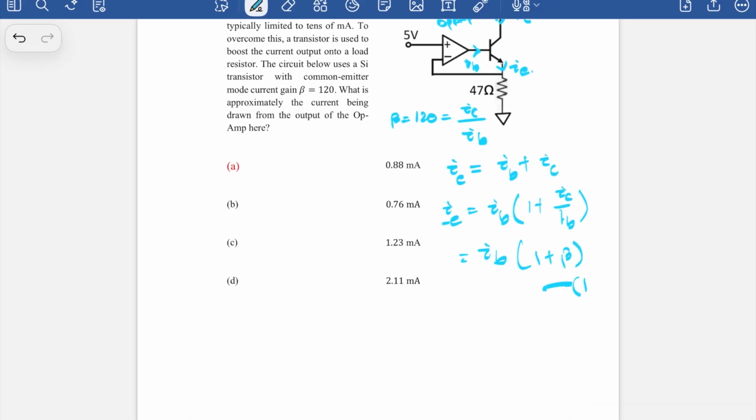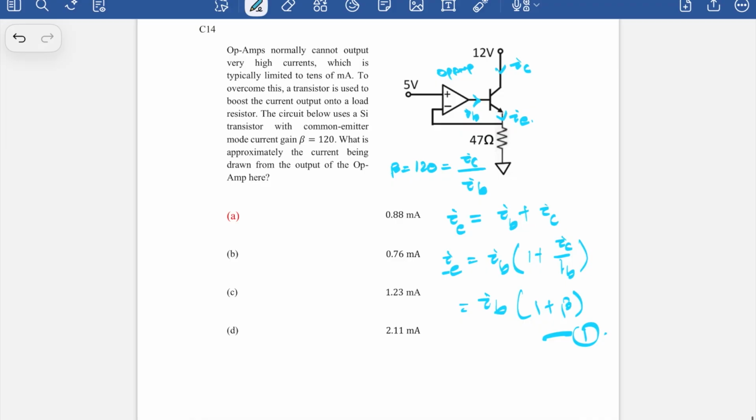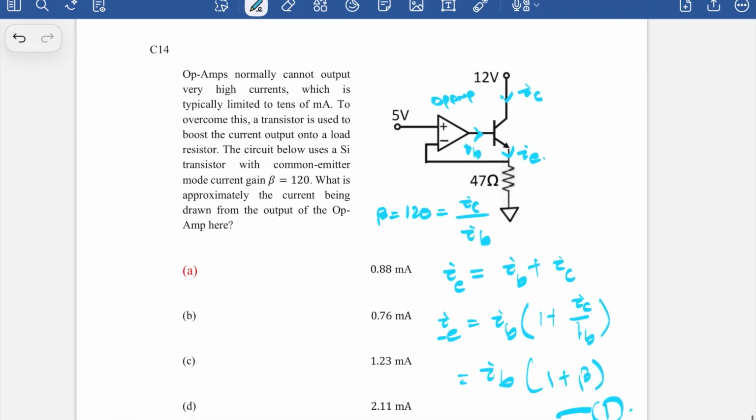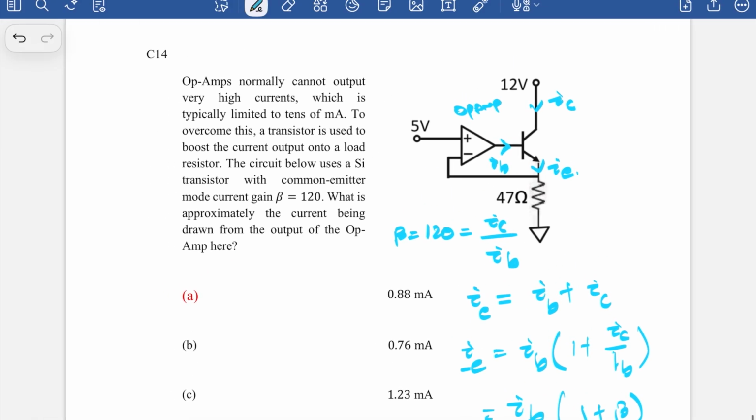We will use this relation later. Let's first find the emitter current. As you know, an ideal op-amp has very high gain, so it adjusts the output such that the voltage at the non-inverting terminal is equal to the voltage at the inverting terminal.